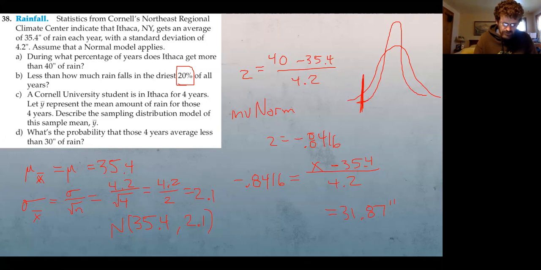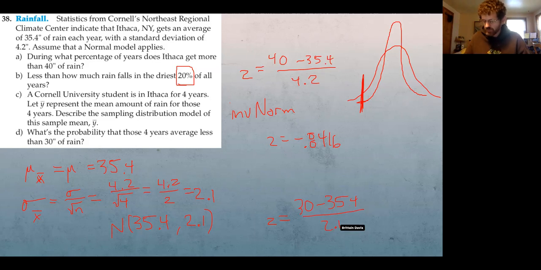The z-score right here is gonna be our 30 inches minus the mean, which is not changed from the population, 35.4, but divided by the standard deviation, which is now 2.1. Which gives me a negative 2.571 z-score.